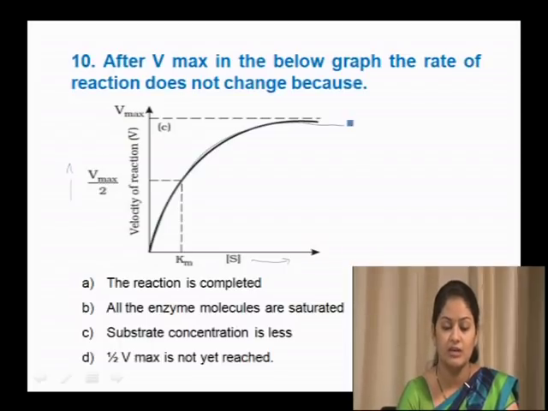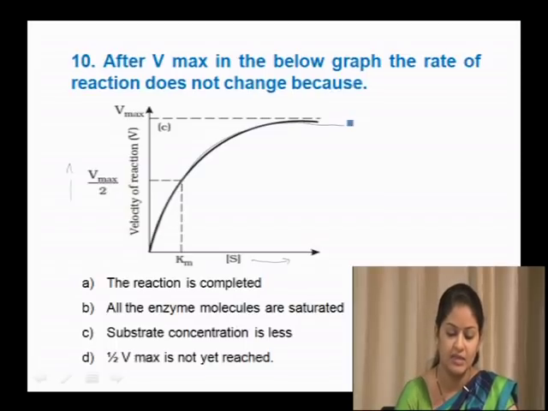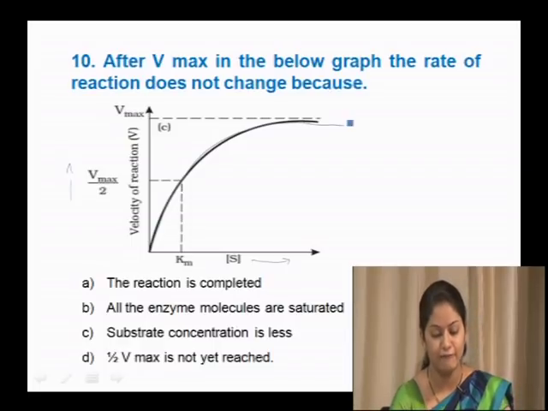The options are A, the reaction is completed, or B, all the enzyme molecules are saturated, C, substrate concentration is less, or D, half Vmax is not yet reached.